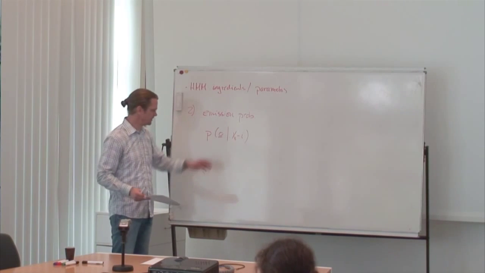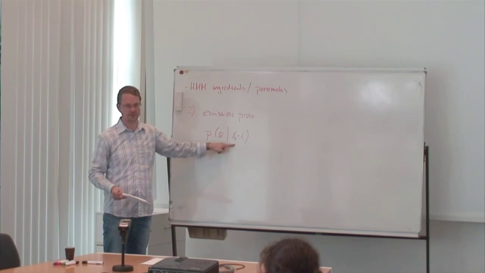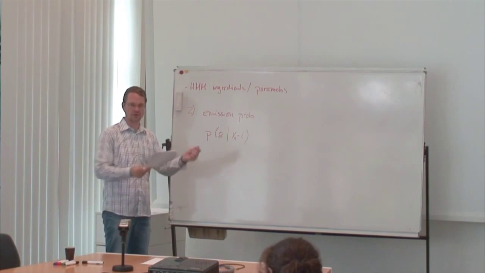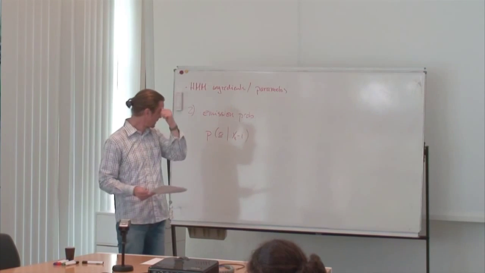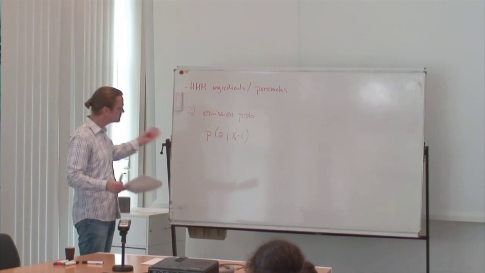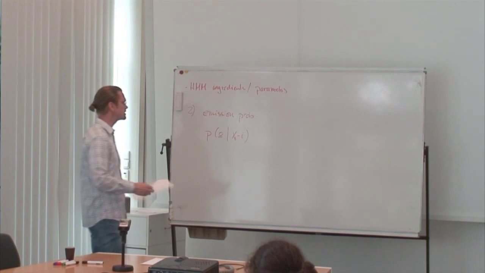What is the probability, when being in that state, to observe a certain activity vector? What is that probability? This is what it means.